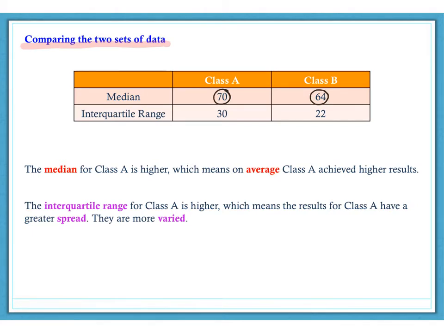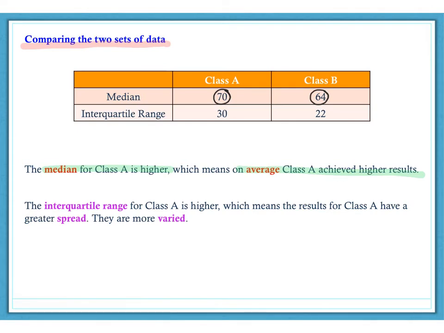Now it is not enough just to say that the median for class A is higher than the median for class B. That's not interpreting the data. We have to actually explain what does that actually mean. So the median for class A is higher, which means that on average, class A achieved higher results, or class A achieved better results.